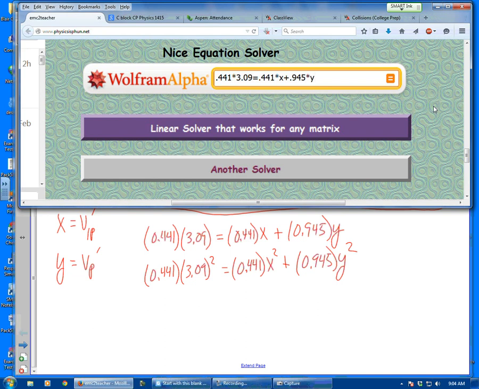Now, I need to put in a second equation. I do comma, another space, and I put in my second equation, and it will solve the two simultaneously.